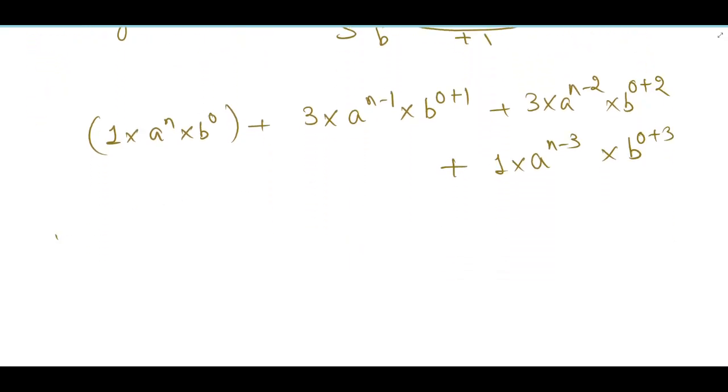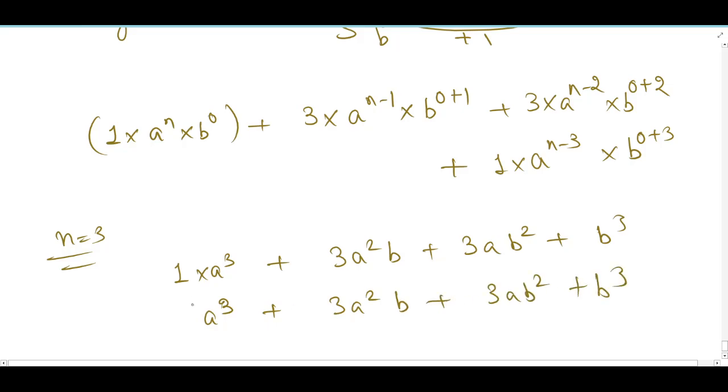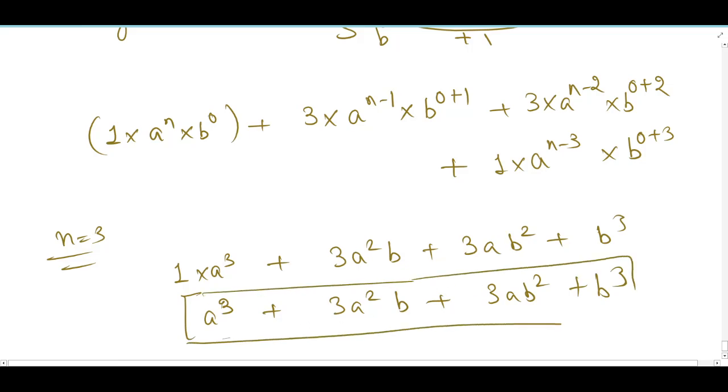So we put n equal to 3 here. So 1 cross a cube plus 3a square b plus 3ab square plus b cube. Therefore a cube plus 3a square b plus 3ab square plus b cube. So this is the expansion of a plus b to the power n when n is equal to 3 by Pascal's triangle.